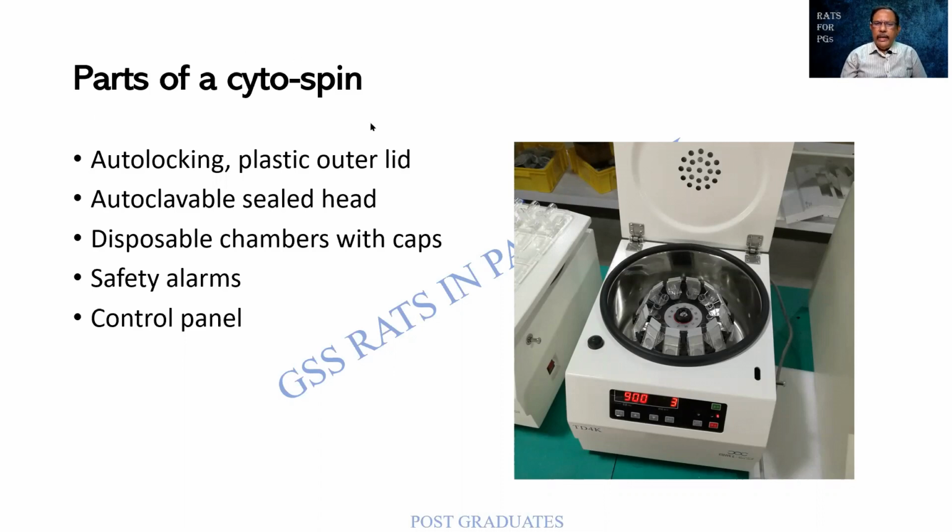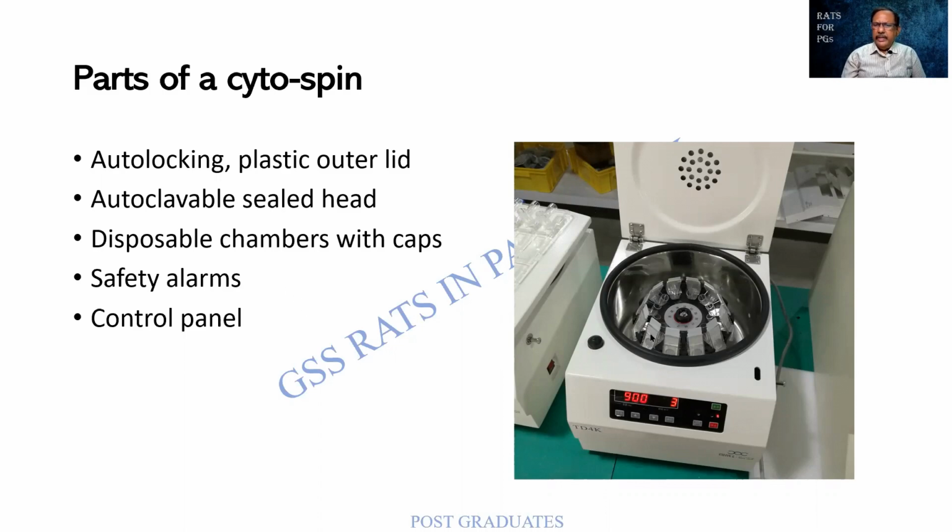Before going to the parts of the cytospin, let us look at the machine as such. I find that there is a facility for keeping the gadgets over here, and there is a reader and a lid. There is also a provision for auto locking, because if we do not lock it, the things will be flying to the roof.